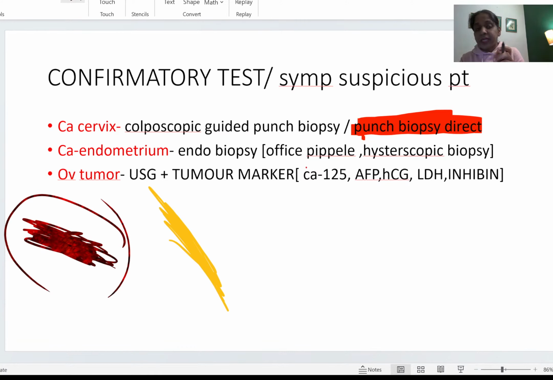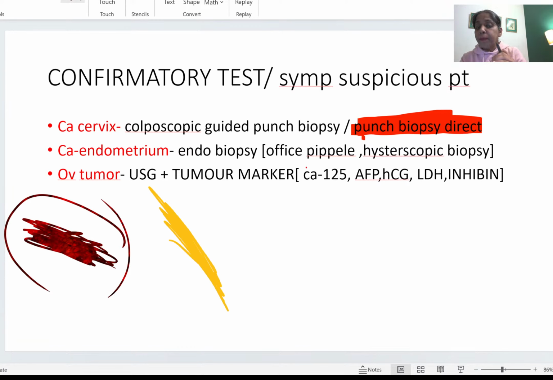If you are not able to see the lesion, then you will help yourself to see it by colposcopy.